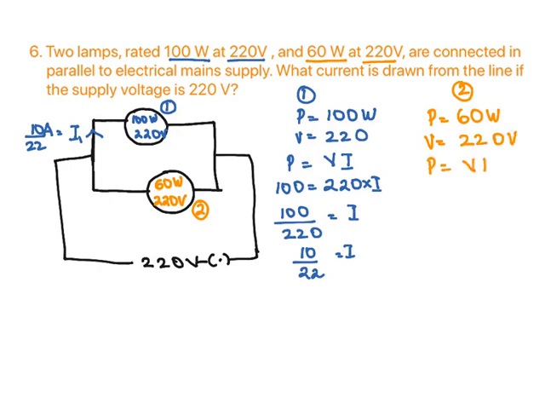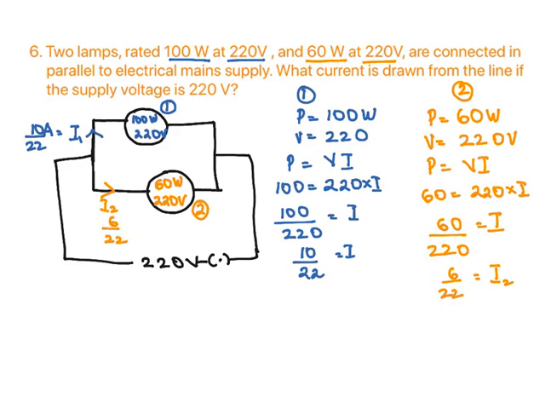So power equal to V into I, 60 watts, 220 volts into current I. So the current I will be 60 over 220, and the current I, which is I2 now, will be 6 over 22.